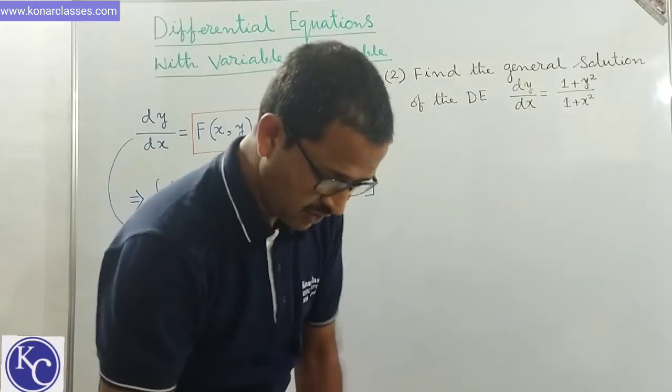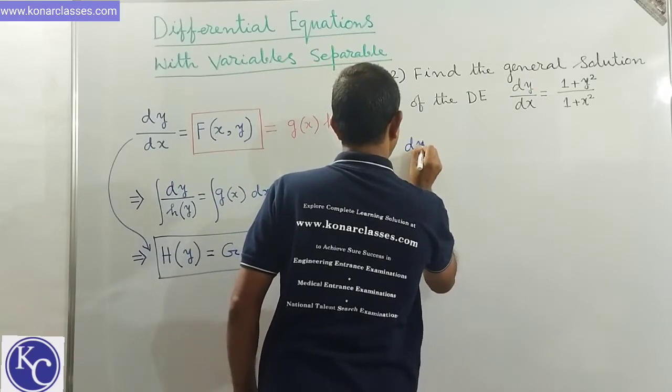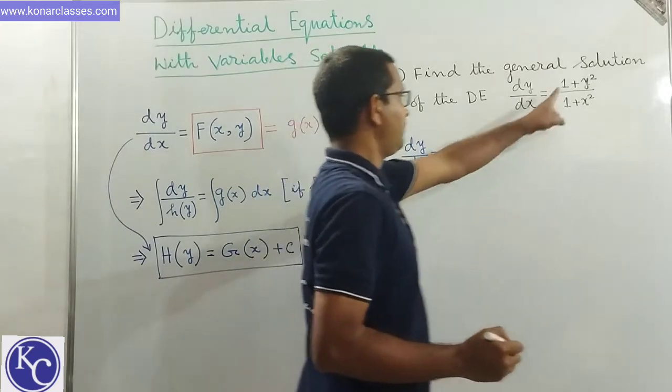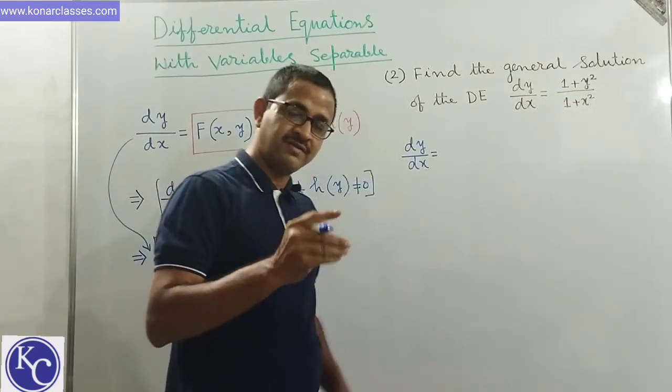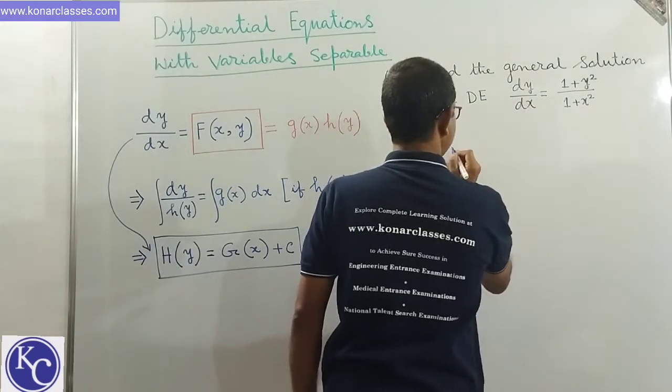Okay, so how to proceed, dear students? So dy/dx is equal to (1 plus y square) by (1 plus x square). That function we can express as a product of two functions. What is the first function of x?